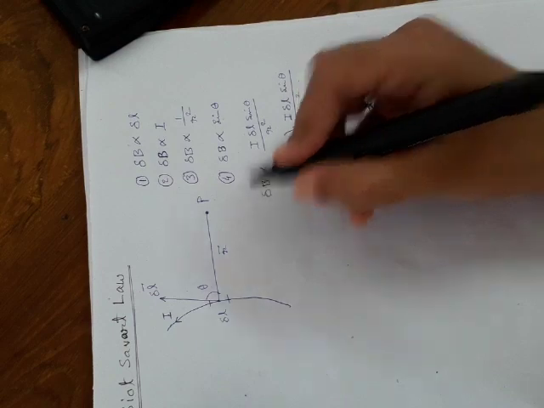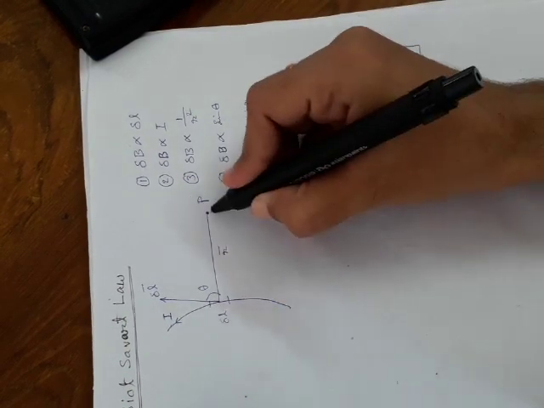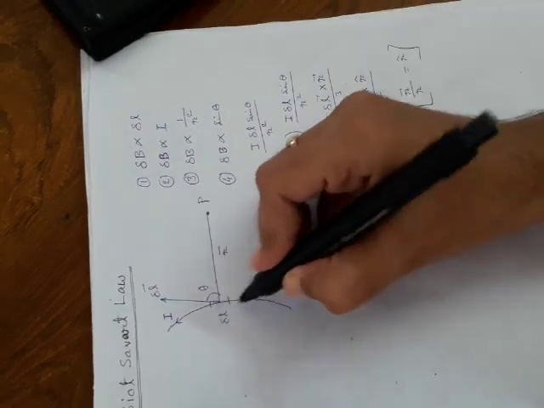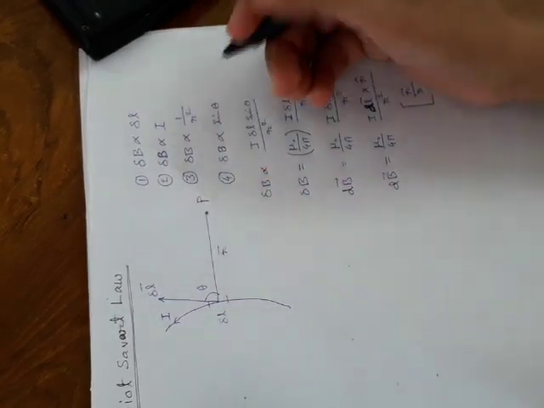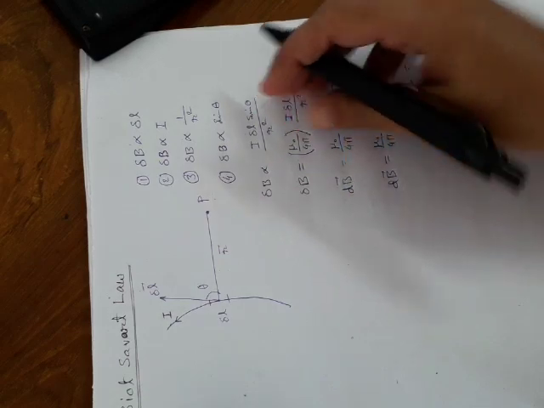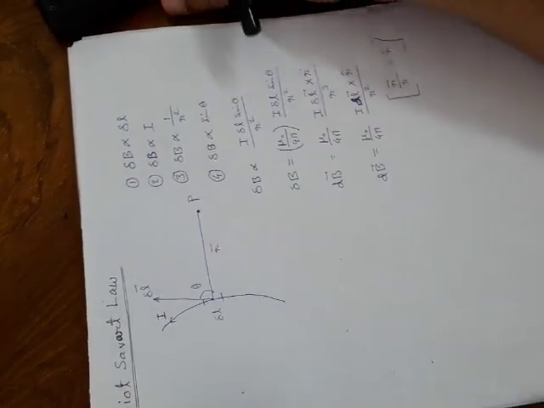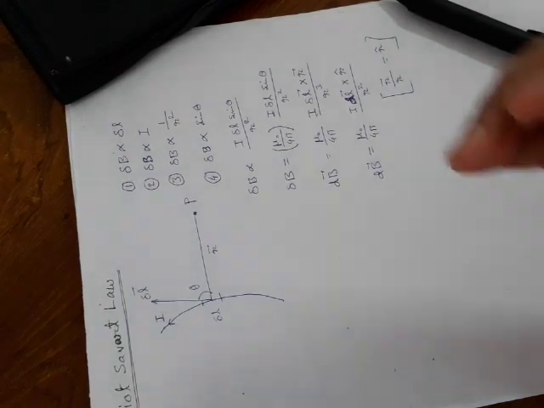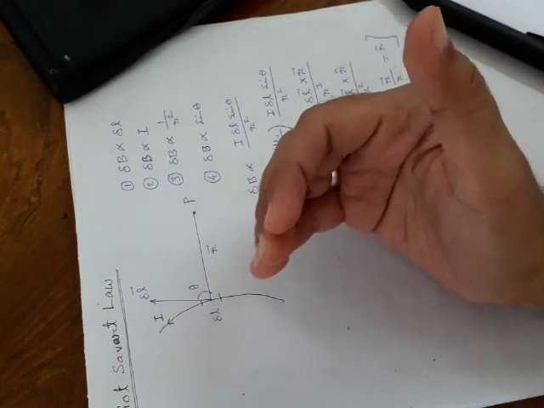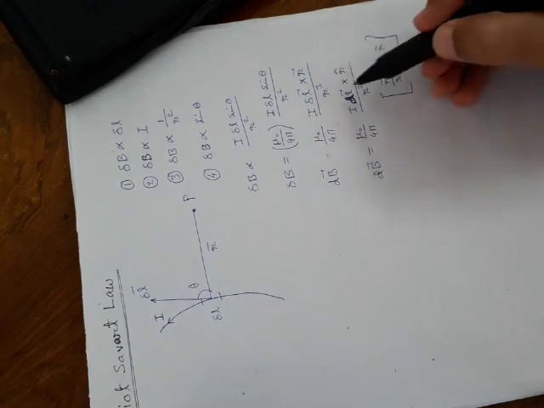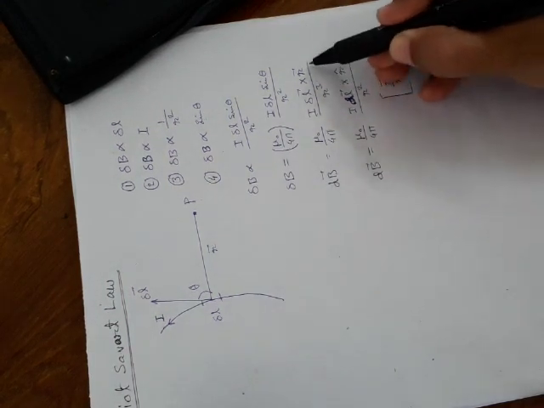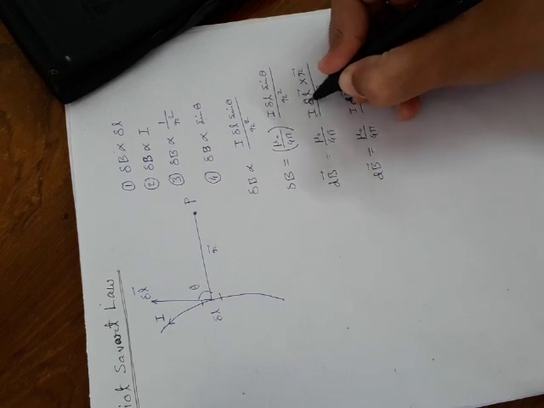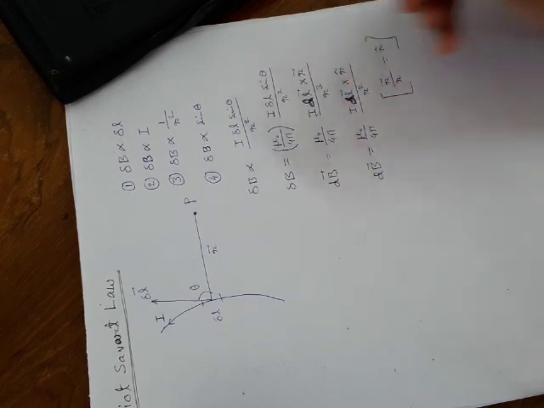First of all, if we consider the point P right hand side of this element dl, then according to right hand rule of vector cross product, the equation is dl cross r.